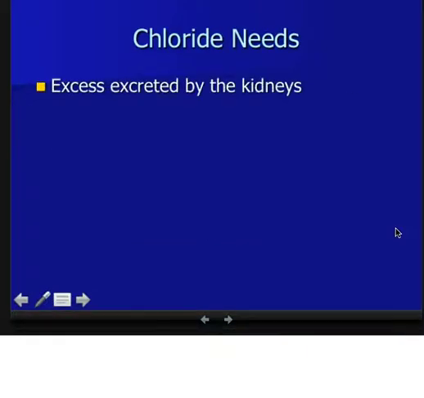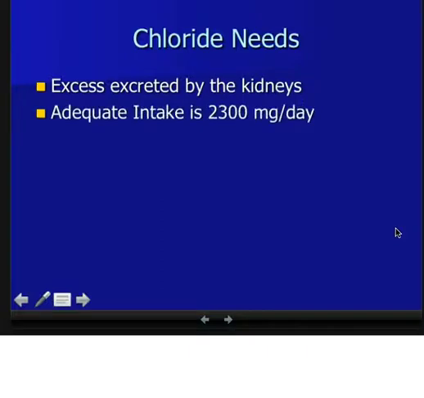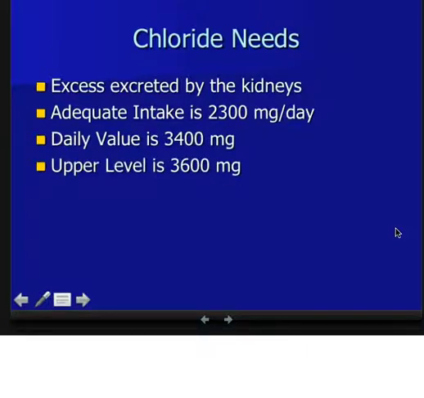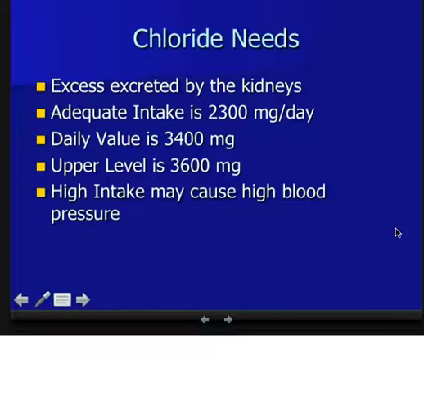What are our chloride needs? Well, excesses are excreted by the kidneys, and our AI is about 2.3 grams a day, with our daily value being 3.4 grams. The upper level is 3.6 grams, and high intake may cause high blood pressure. Why? Well, because again, water chases solutes, and if you have a consistently high salt intake, the kidneys can sometimes be overwhelmed and not excrete enough of the sodium to compensate for what you're consuming in your diet, and so you can have transiently high blood pressure.